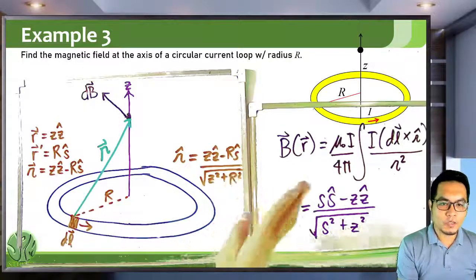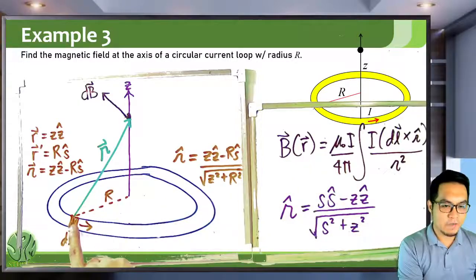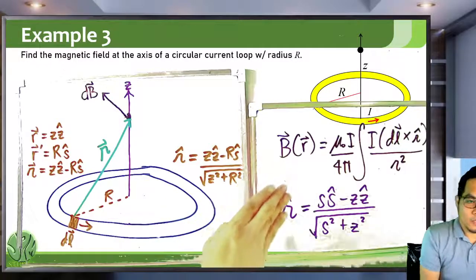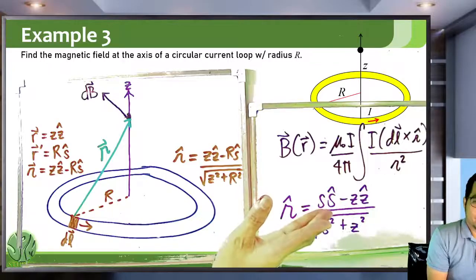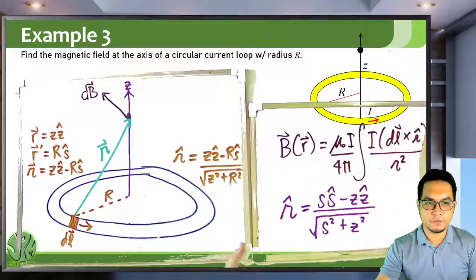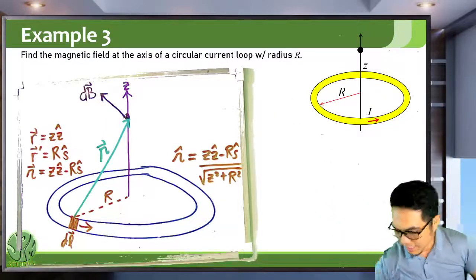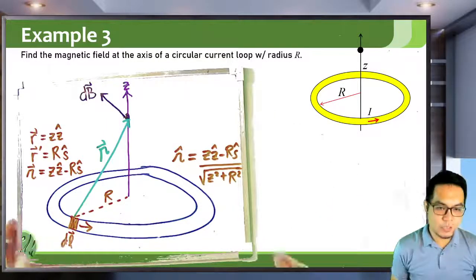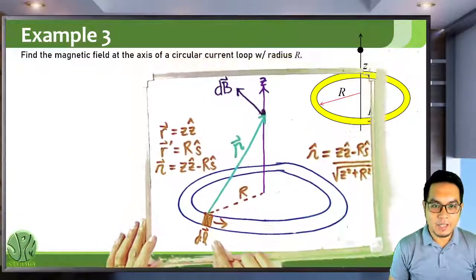So using right hand rule, for this specific dl, dl cross r hat, you will get dB in this direction. So that's the differential magnetic field due to this differential current element.